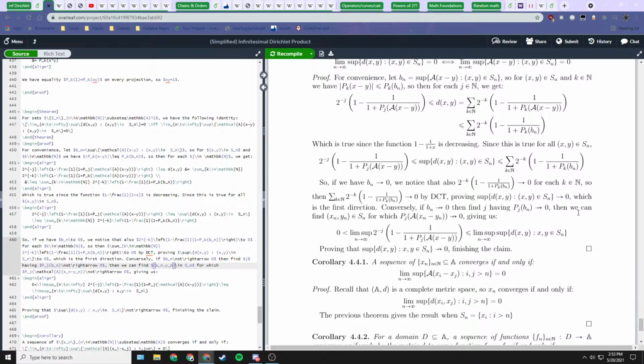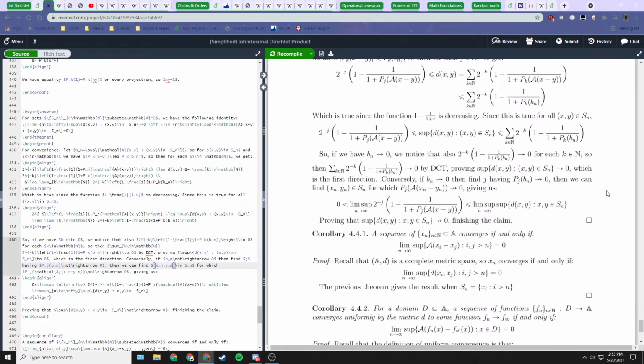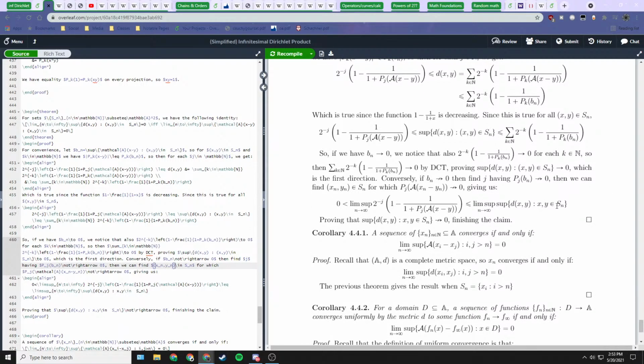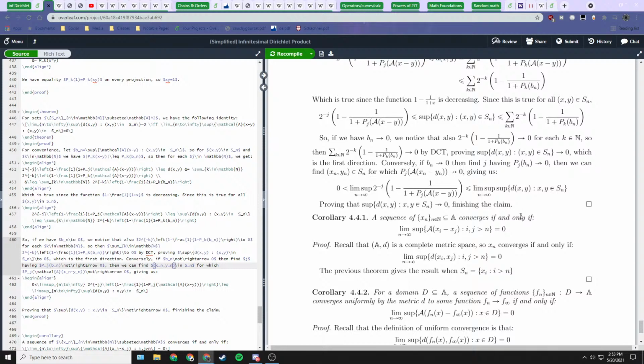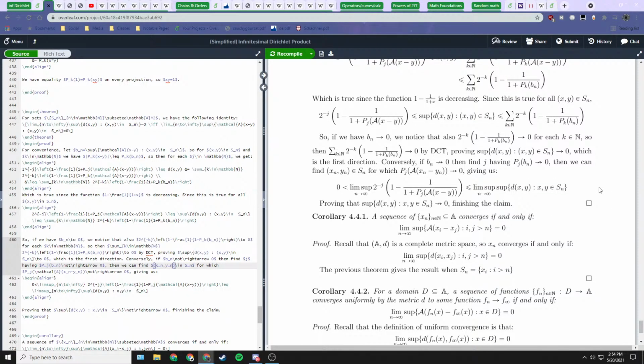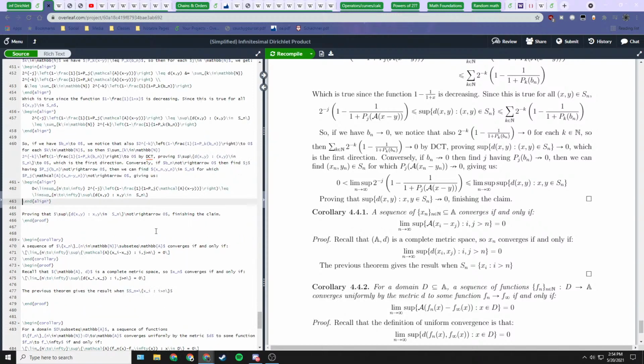So find these ordered pairs, giving us this here, which needs to be changed to ordered pairs, proving that the supremum of these distances does not go to 0.